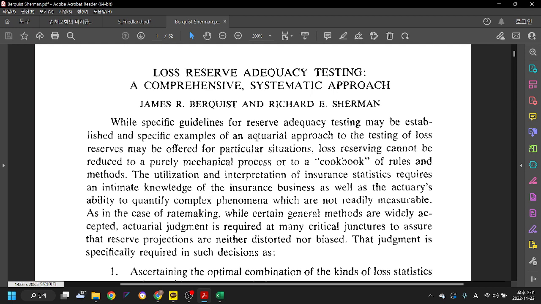While specific guidelines for reserve adequacy testing may be established, and specific examples of an actuarial approach to the testing of loss reserves may be offered for particular situations, loss reserving cannot be reduced, this is the important part, to a purely mechanical process or to a cookbook of rules and methods.